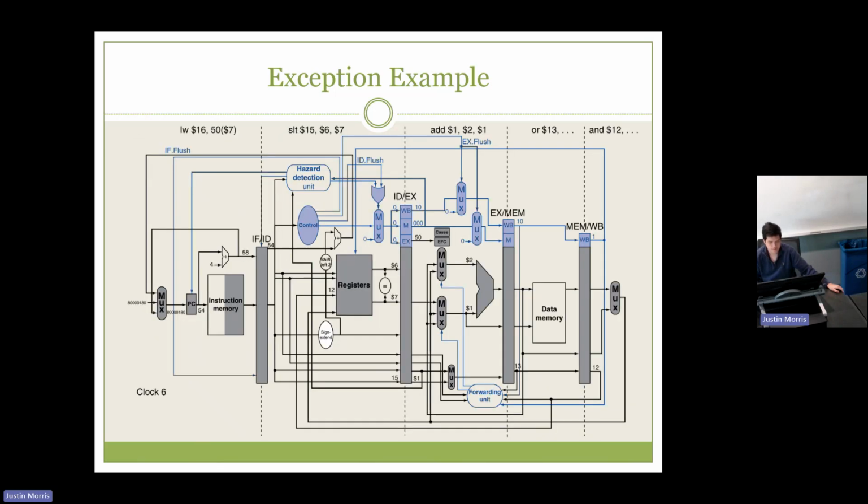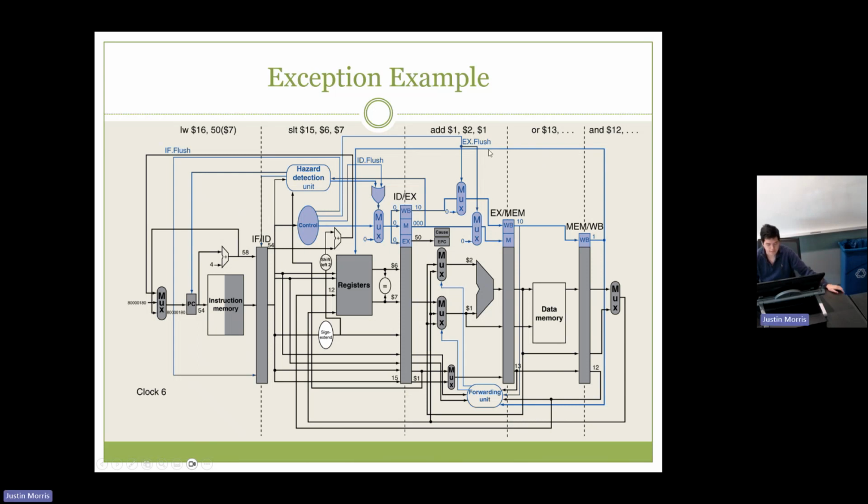What's going to happen? Right? Here's our and, here's the or, right? This is our exception. So what happens to the and and the or? They just finish executing. So we don't do anything.